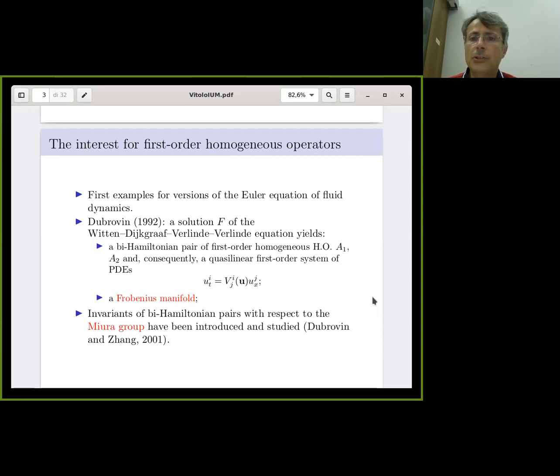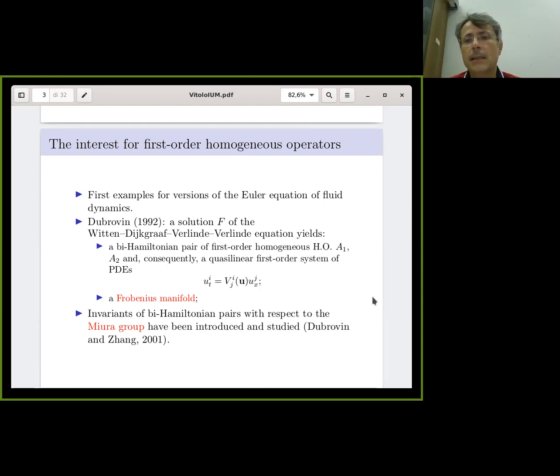So every solution of these equations yields a pair, indeed, of Hamiltonian operators of the first order homogeneous. And this pair is a pair of compatible operators.